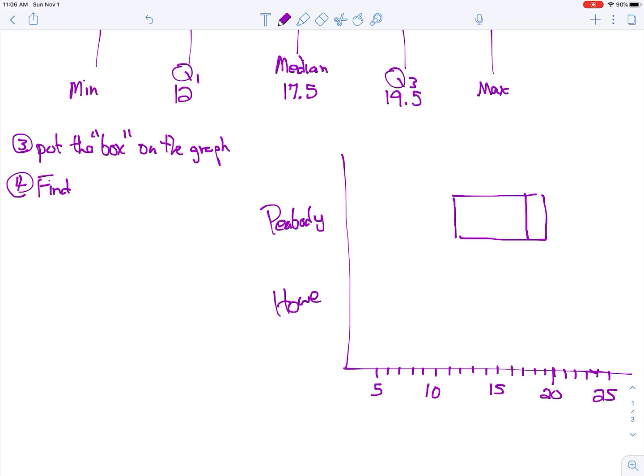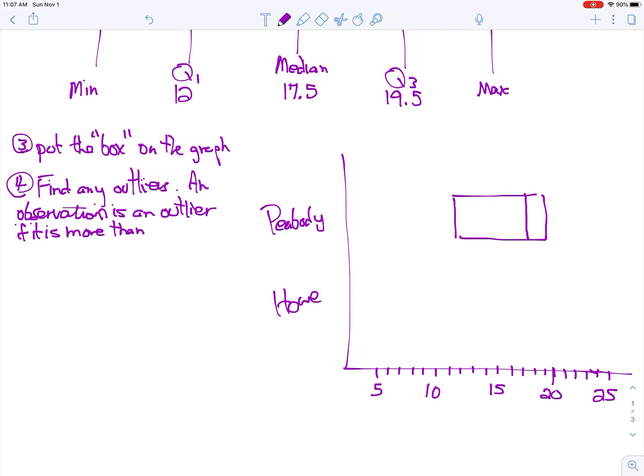So step 4 is find any outliers. An observation is an outlier if it is more than 1.5 times the IQR above quartile 3, or if it's 1.5 times the interquartile range below quartile 1.